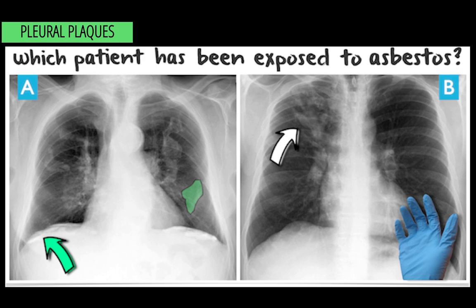These are classically described as being geographic, looking somewhat like the continents of the world map, as shaded in green. In addition, on the diaphragm, we see pleural thickening, characterized by these thick white lines. Calcified pleural plaques themselves are benign and do not indicate asbestosis.